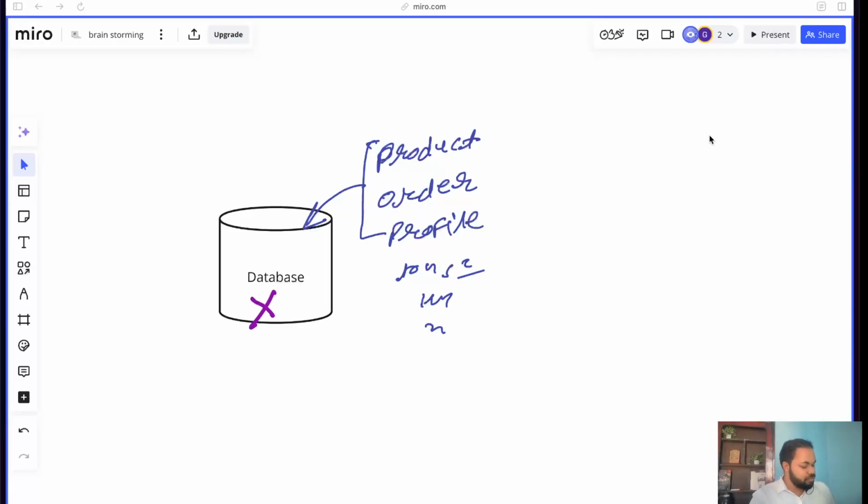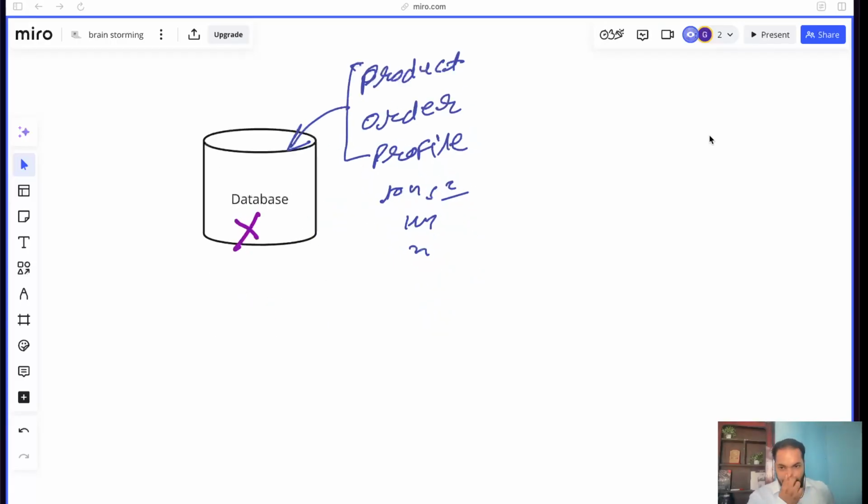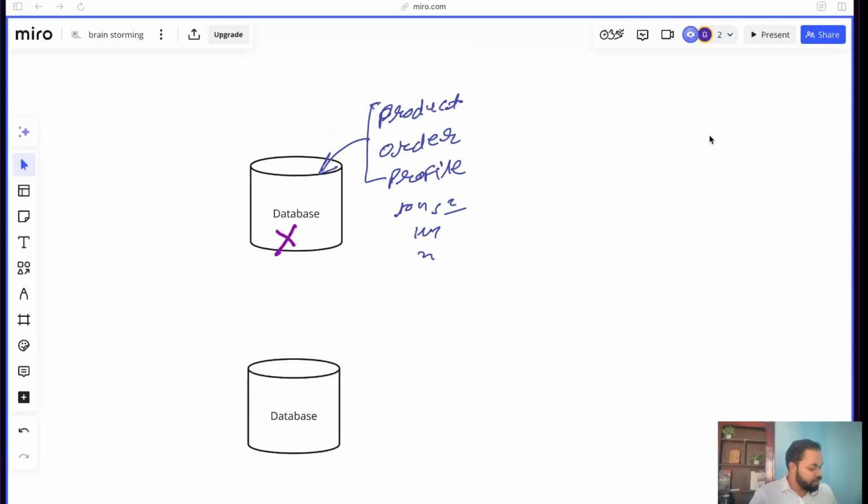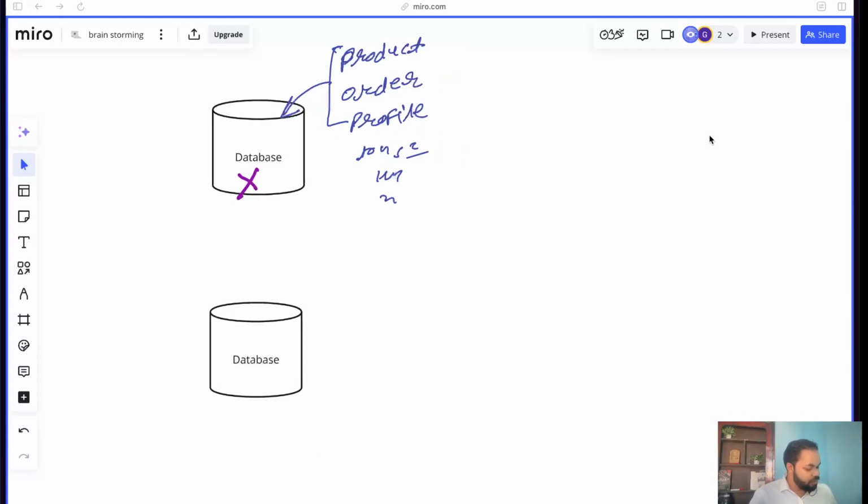In that case, what we do is partition the database. Partitioning is where we subdivide or break this database into multiple databases. So we can just duplicate it, and you create one more database in which you store half of the data.